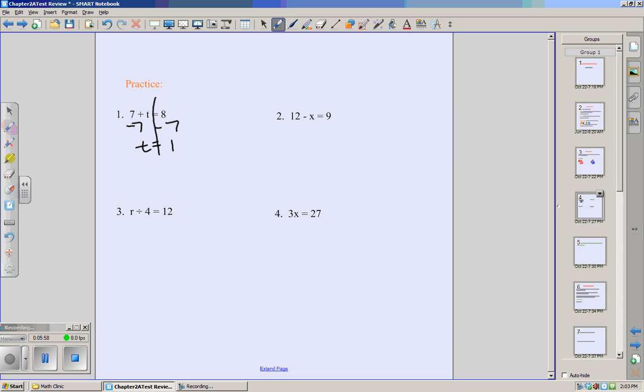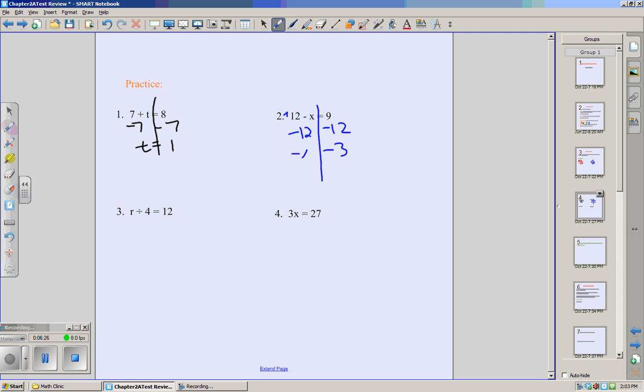On number 2, I have 12 minus x. This is kind of a different problem. The 12 is positive. So even though it's a minus x, this is a positive 12. The opposite of positive 12 is minus 12, minus 12. 9 minus 12 gives us negative 3.